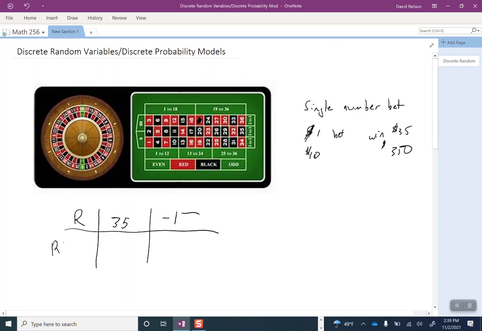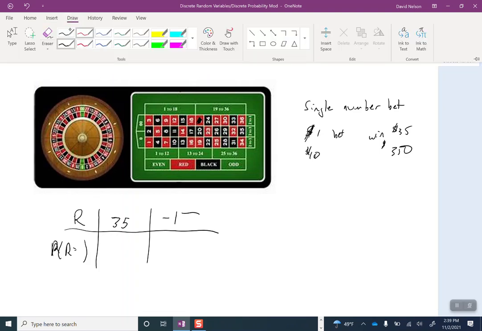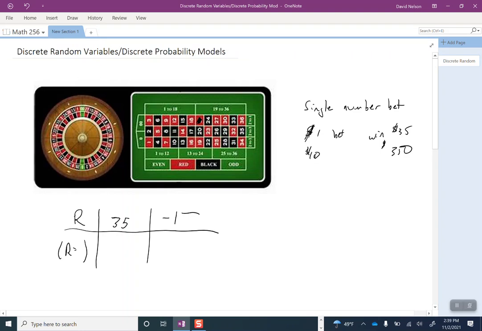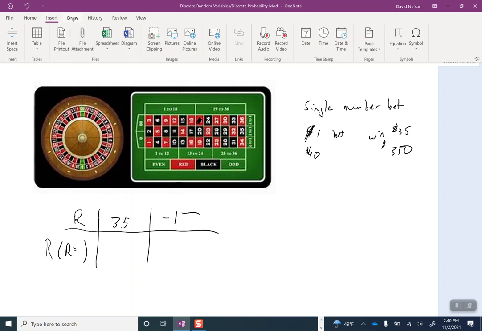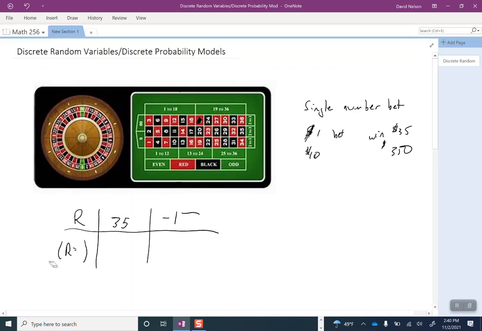And then with that random variable, we also want to know the probability that R is equal to whichever one of those values you're looking at. What's the probability that you win your $35, or what's the probability that you lose your $1. Oops, I want a P there, not an R. P for probability. So let me try that again.